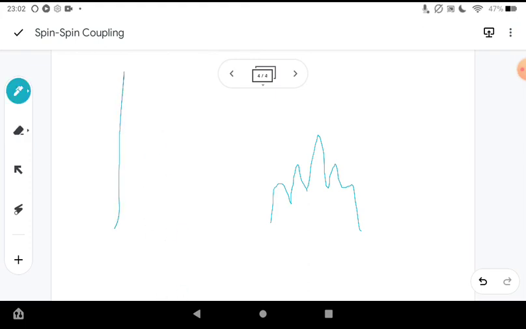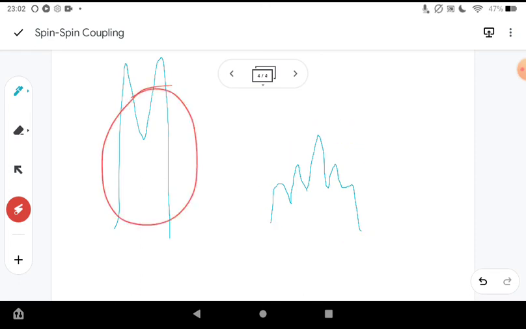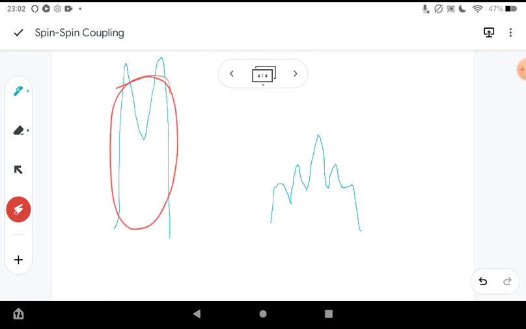Let's say I've got a doublet, and then I've got this five. Actually, these could have the same number of hydrogens in that environment, but because this is only two peaks, whereas this is five, this will be lower down. It's also important to note this is four different adjacent hydrogens because it's the n+1 rule. So to find the number of adjacent hydrogens, you do n minus 1.